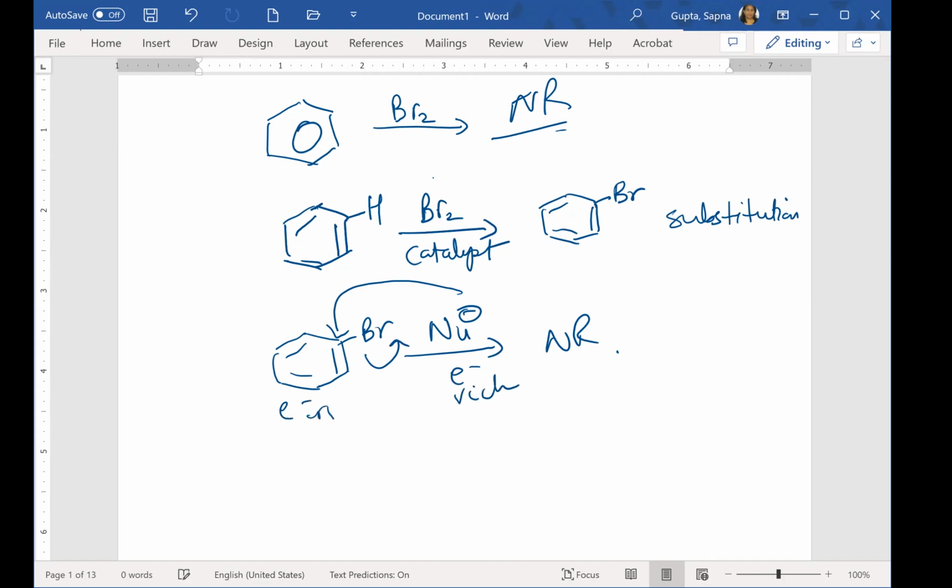Electron rich will not attack electron rich. I'm going to break some of my own rules. You're sticking around long enough to figure out that you can break rules, and we will break rules. We learn something, but then as time goes on, we learn something more. So generally, in organic one, we learned that you cannot do SN2 reactions on benzene rings.